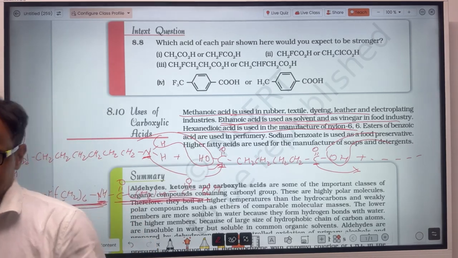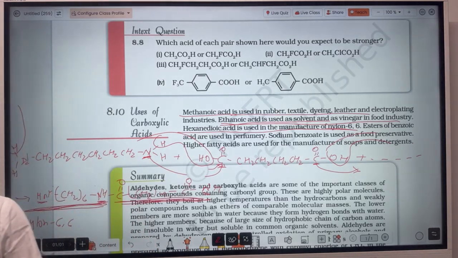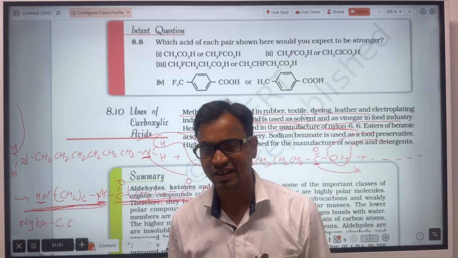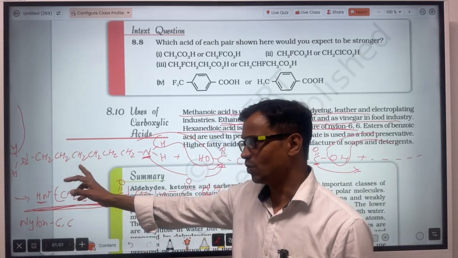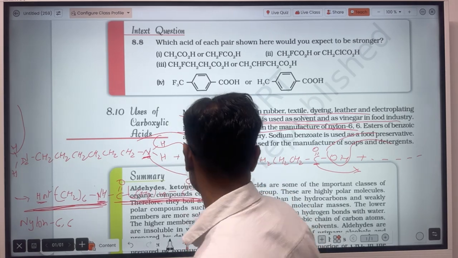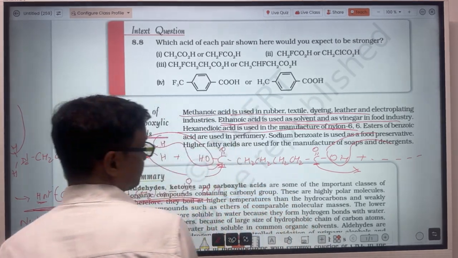So the option here will be hexane 1,6 dioic acid and hexane 1,6 diamine. Okay. Next point, let's see here.